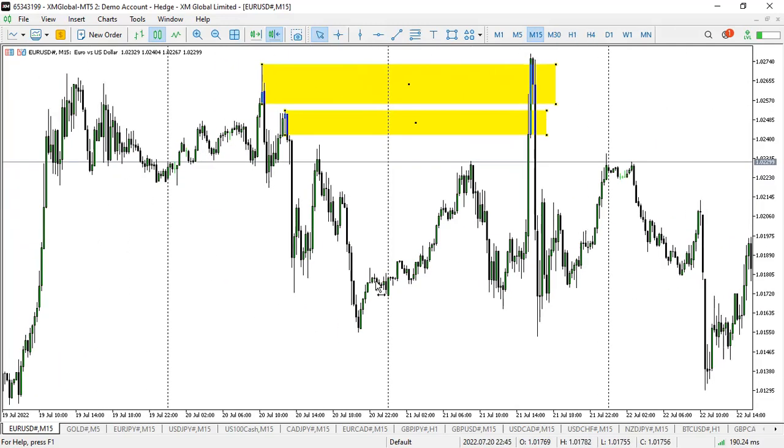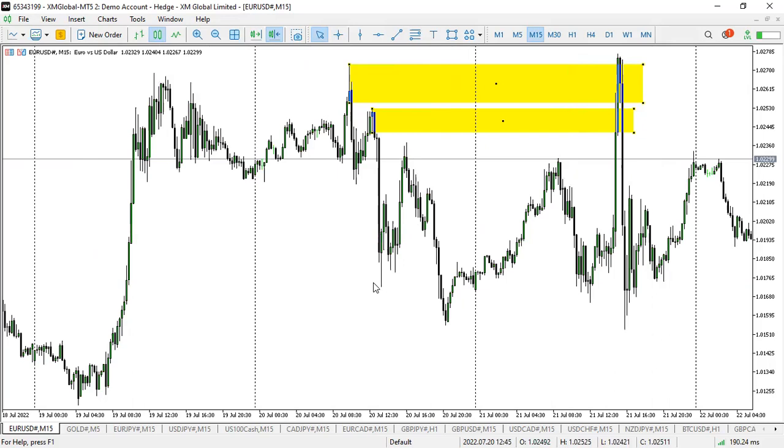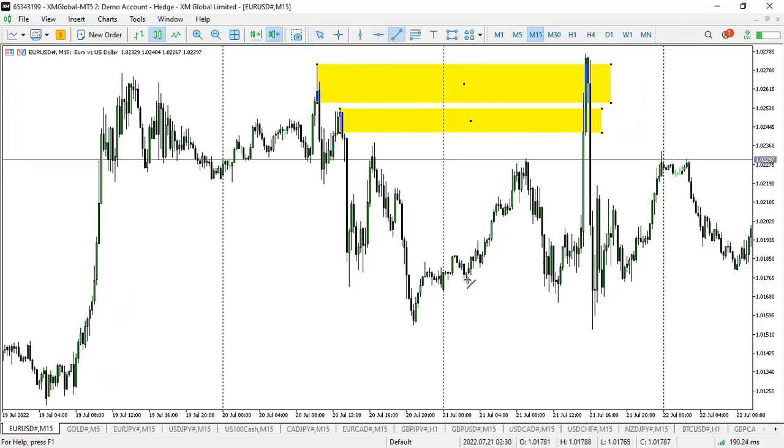So we're looking at things that can also increase the chances of your point of interest working. This can be an accumulation, sort of accumulation, when they sell on this order block.